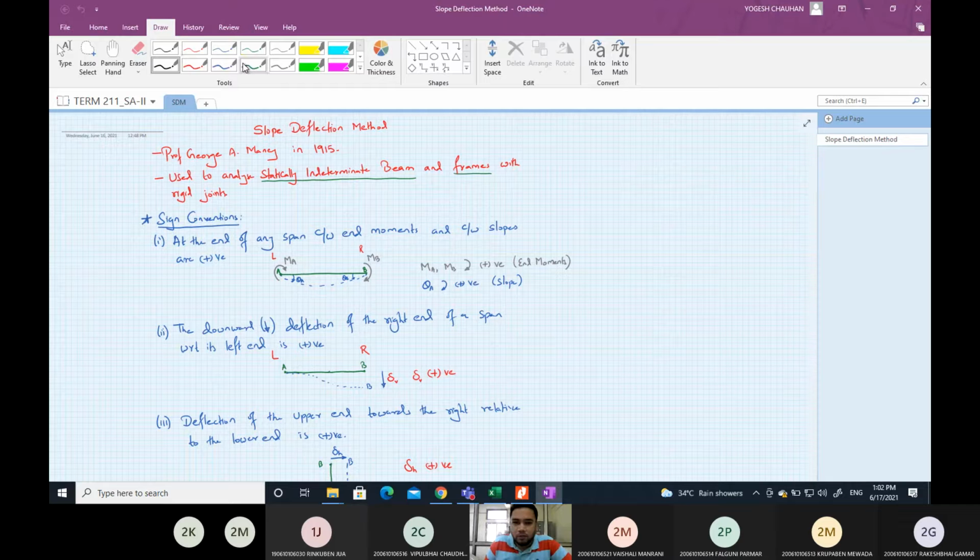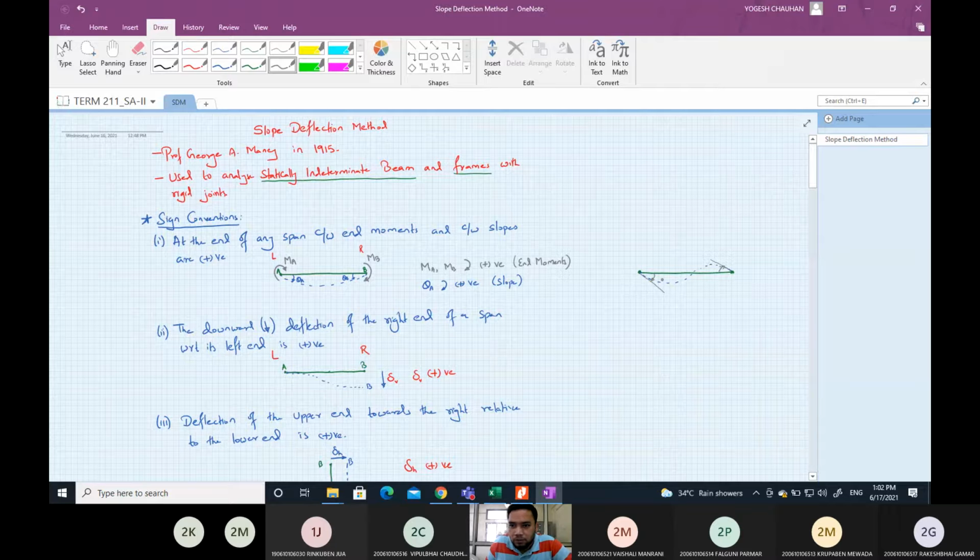You can also have this, if the deflection is like this, and for this, if we draw a tangent to the curve, this is clockwise slope, and if we draw a tangent over here, then this is also a clockwise slope.